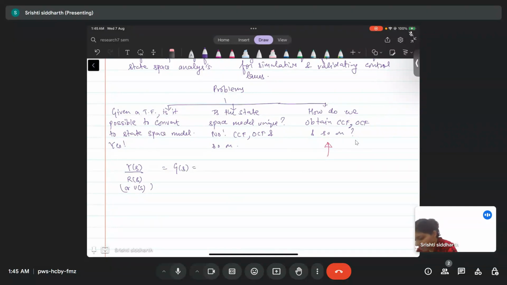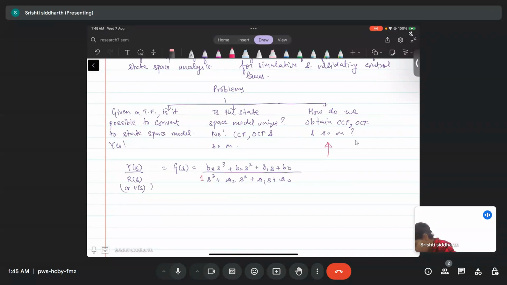I'm going to write down a standard transfer function of third order: b3 s cubed plus b2 s squared plus b1 s plus b0, upon s cubed plus a2 s squared plus a1 s plus a0.